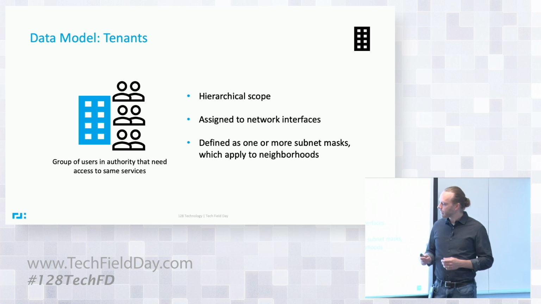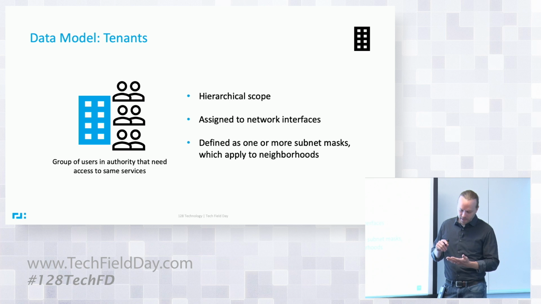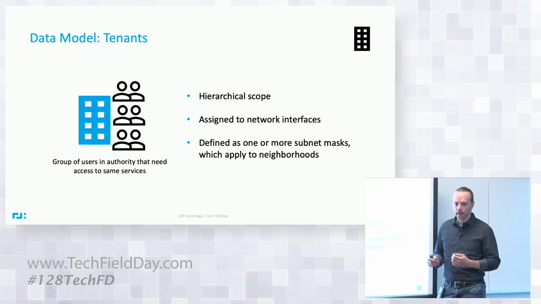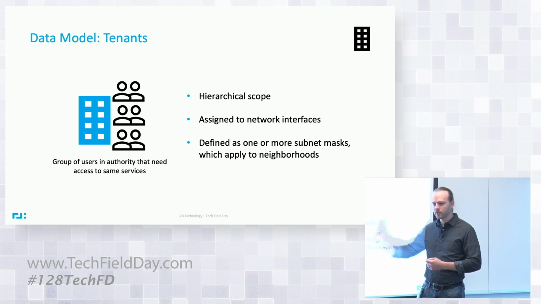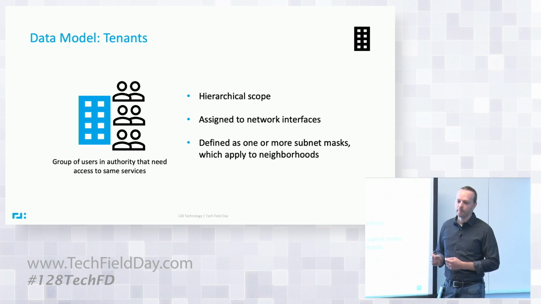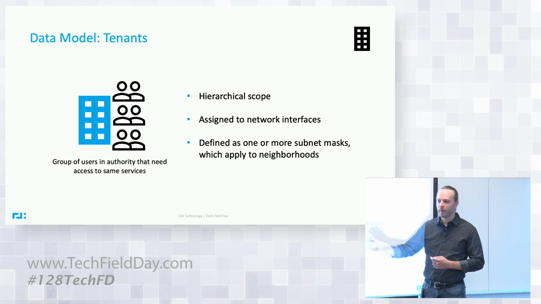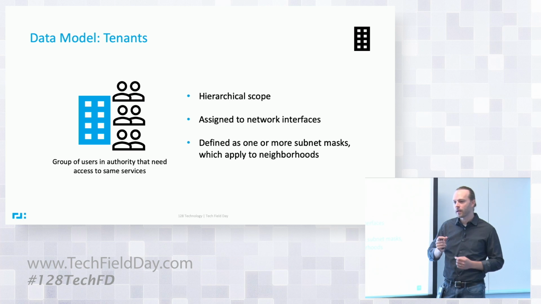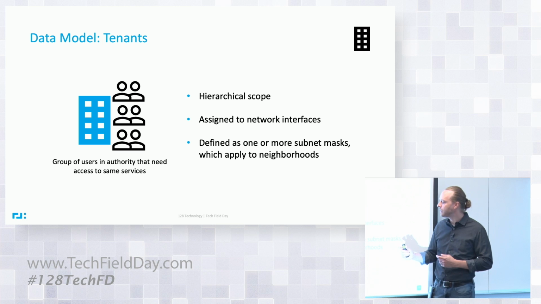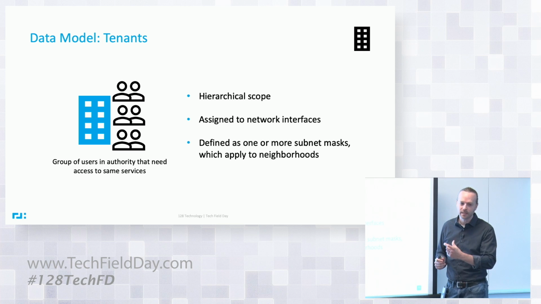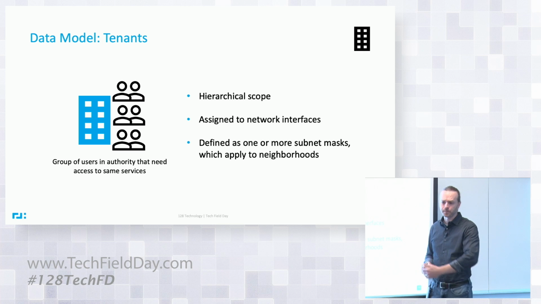Ultimately, a tenant can be defined by way of one of three properties. One, I don't know if we've gotten into it yet, but we have this notion of metadata. Metadata is the session state that we pass along in the first packet during session setup, communicated by and across 128T routers. If that originating packet contains a TLV tag of a tenancy, this way we know where it came from.